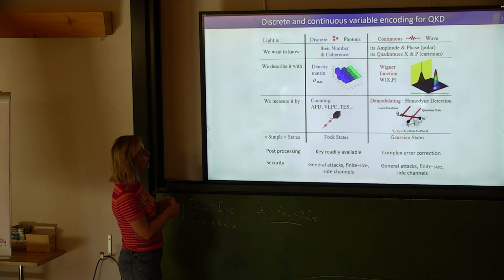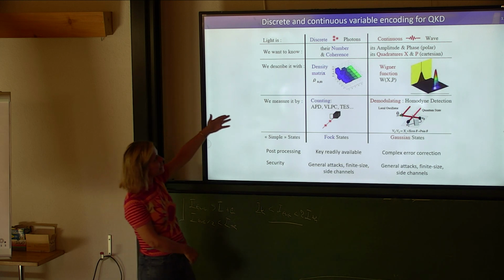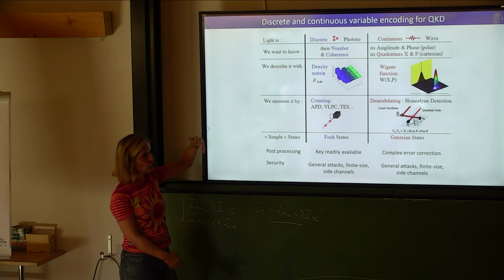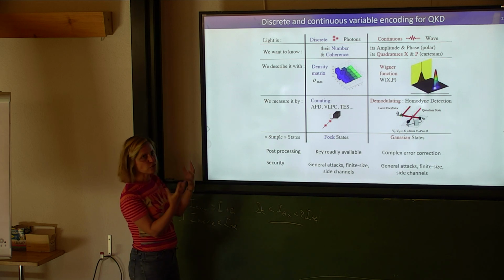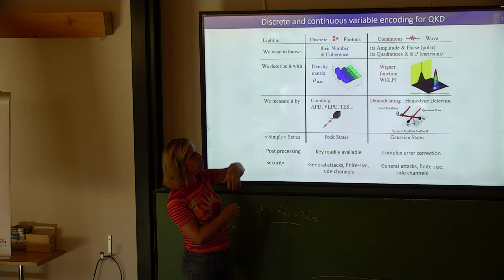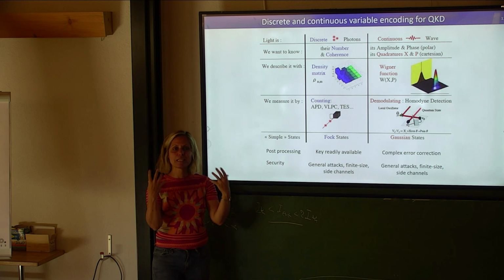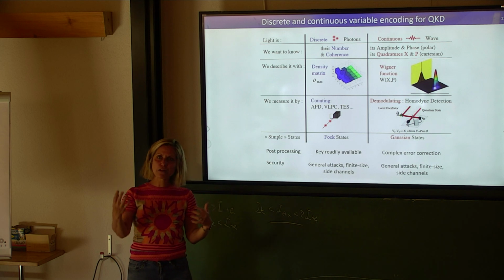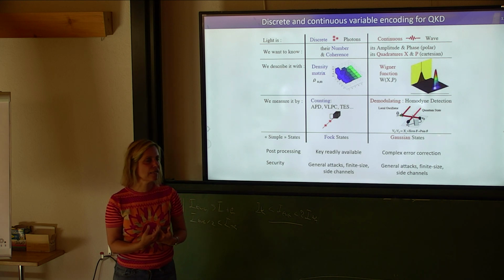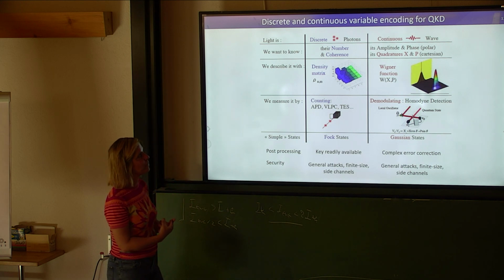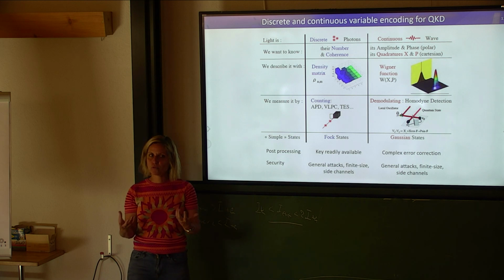dimensional space. While in discrete encoding we use qubits, as you've seen, and so discrete variables, in continuous variables we typically use the continuous values of the quadratures of the electromagnetic field. This is a little bit of an old slide, but anyway. It's interesting from a practical point of view.